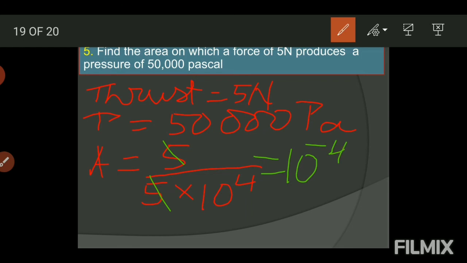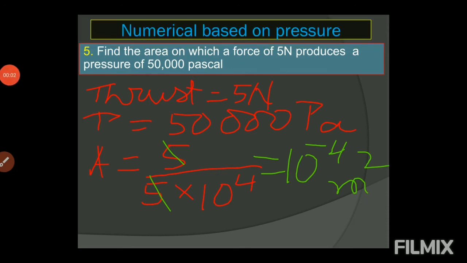So when we take it to the numerator, it becomes 10 to the power minus 4 meter square. So 10 to the power minus 4 meter square is the area around which a thrust of 5 Newton produces a pressure of 50,000 Pascal.